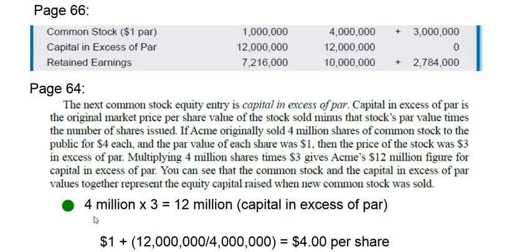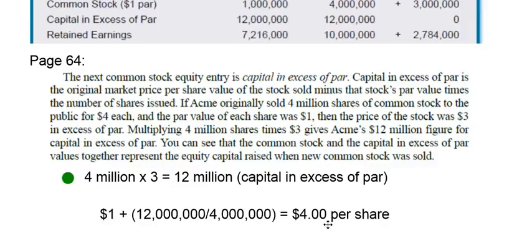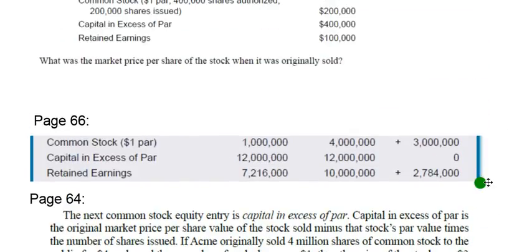Okay. Now, if we turn this around, say we did not know what it was actually sold for, say this $4 was an unknown, which is exactly what the situation is in our problem, because it's asking what was the market price per share when the stock was originally sold.